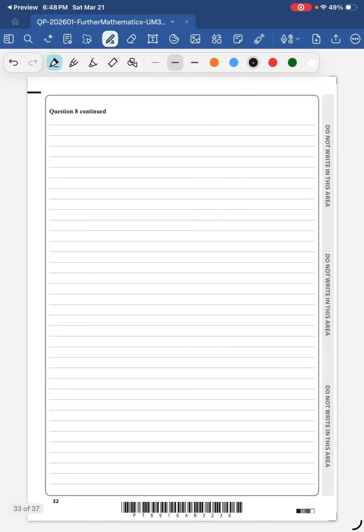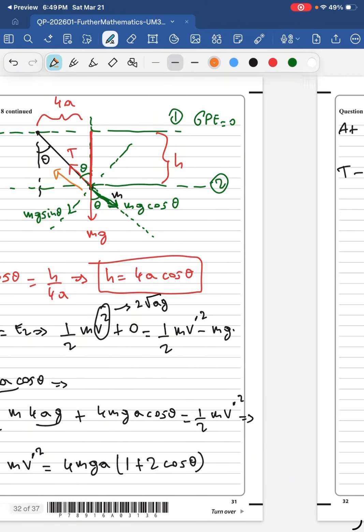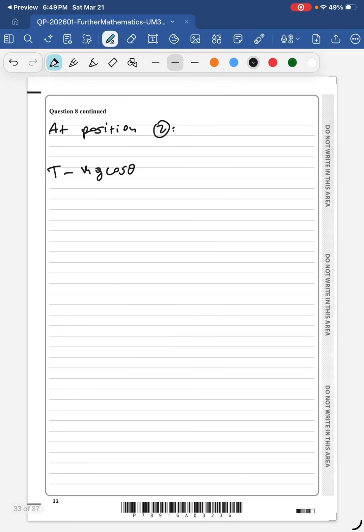Now at position 2, we have T minus mg cosine theta. We need the sum of all forces to point inwards, because we have a circular motion. So T is positive, mg cosine theta is negative. So T minus mg cosine theta is mv prime squared over r. And this is why we solved for mv prime squared, so it's easier to work with.